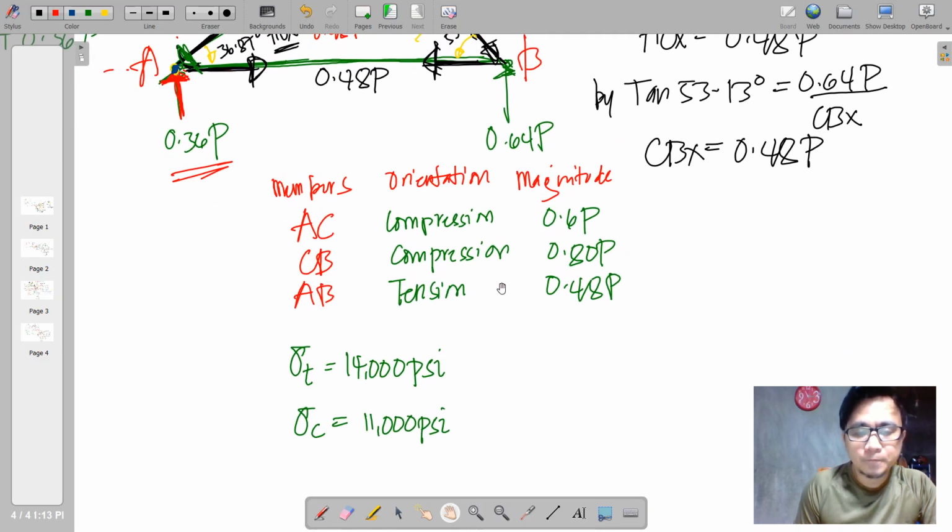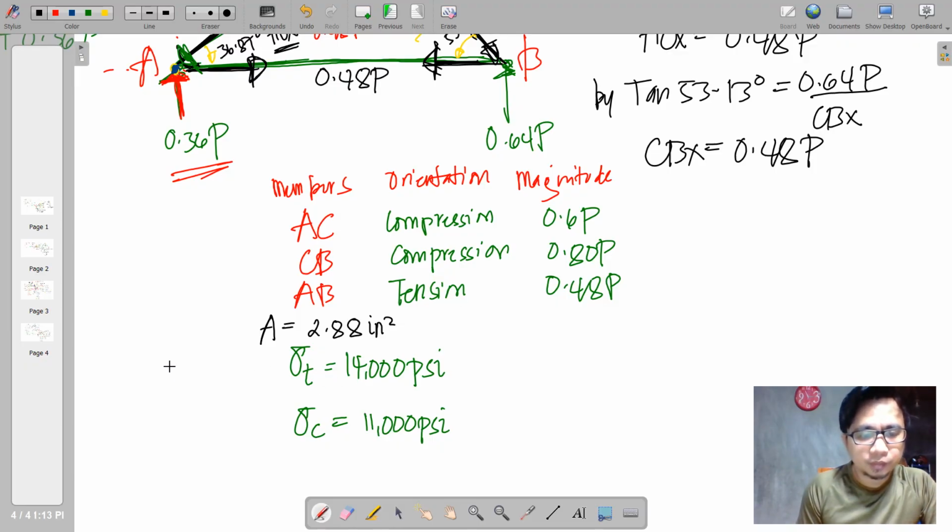Using that, we can now determine the value of P. So in tensile, we have all areas equal to 2.88 square inches.